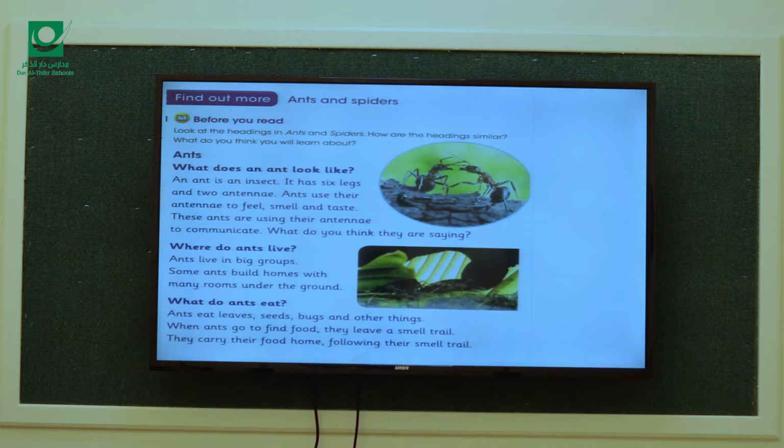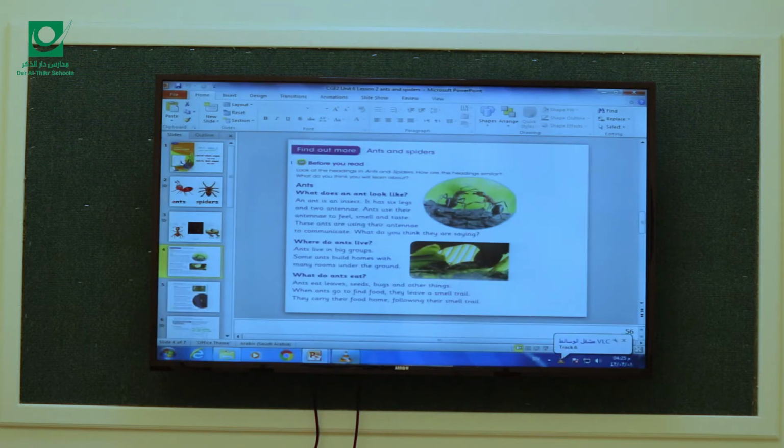Ants live in big groups. Some ants build homes with many rooms under the ground. What do ants eat? Ants eat leaves, seeds, bugs, and other things. When ants go to find food, they leave a smell trail. They carry their food home, following their smell trail.